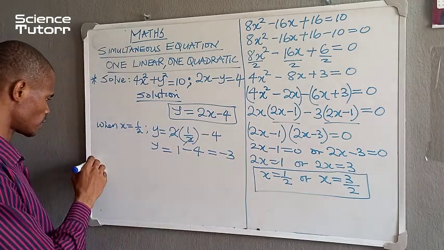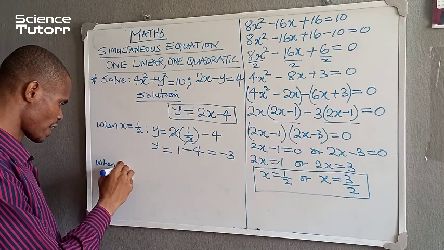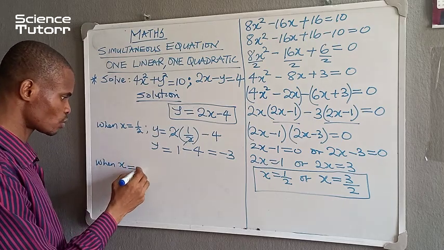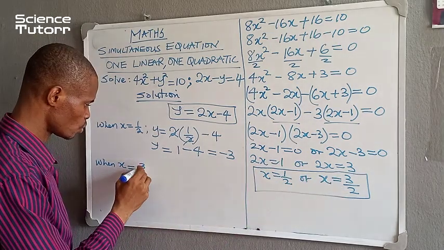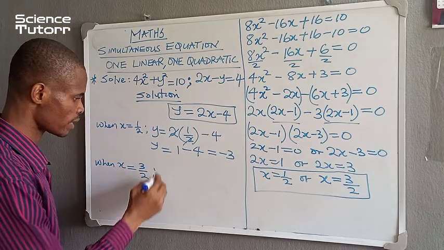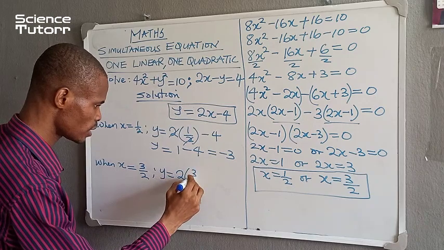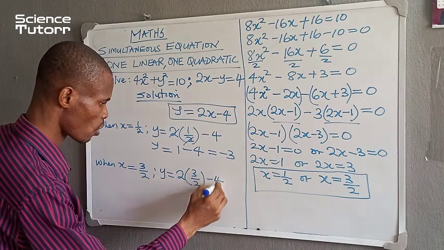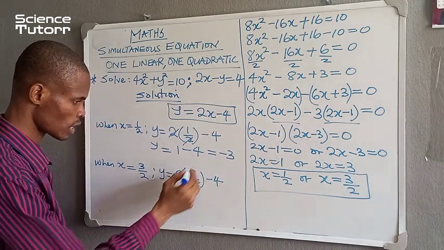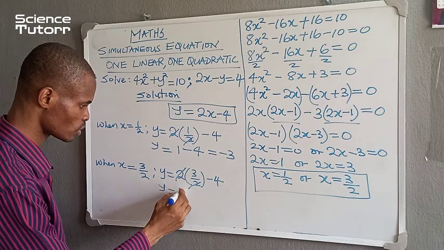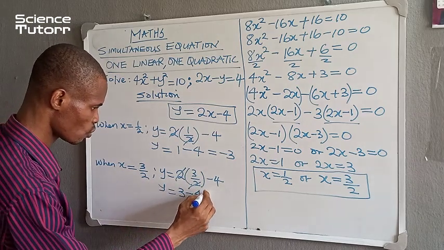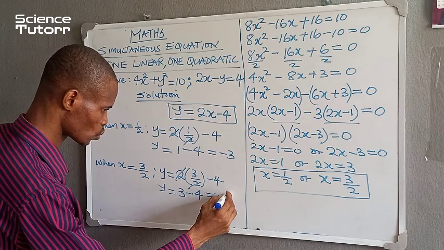The second case, when x is equal to 3 over 2, we establish the value for y. So y will be equal to 2 into 3 over 2 minus 4. 2 cancels 2, left with 3, so y is equal to 3 minus 4, which is equal to minus 1.